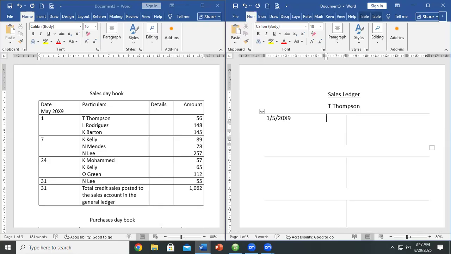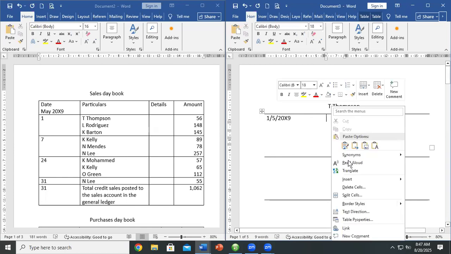20x9. The narration is going to be what? Sales, because these are goods you sold to the person. And then you put the amount.